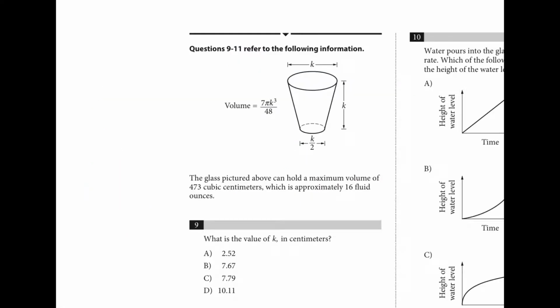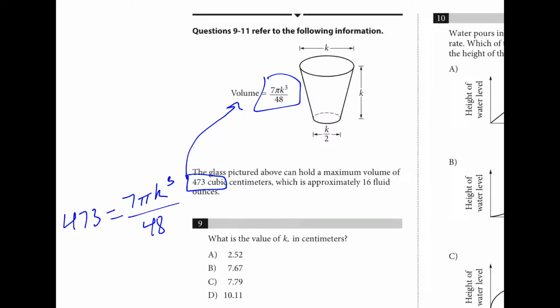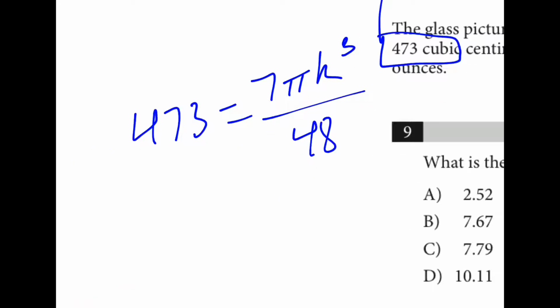For number 9, if we want to solve for k, they tell us that the volume is 473, which is equal to this equation. So we start with 473 is equal to 7 pi k cubed over 48. So if we move things around a little bit, we can put the 48 on the left here, and the 7 pi on the bottom.